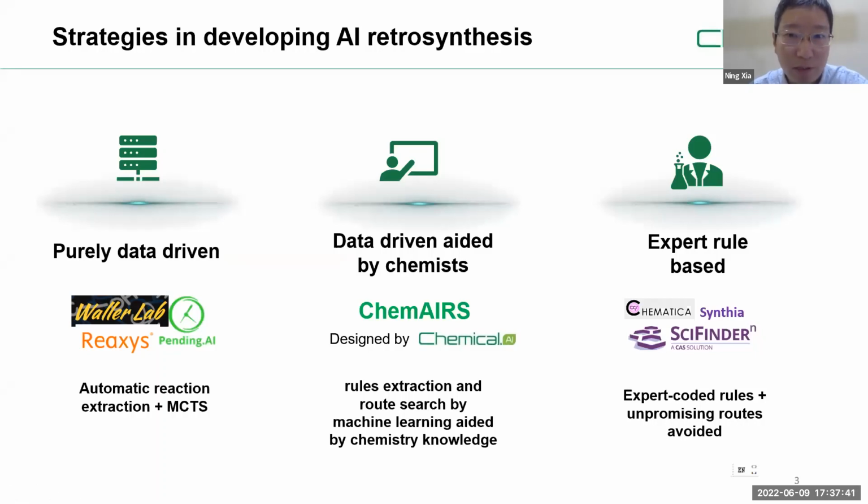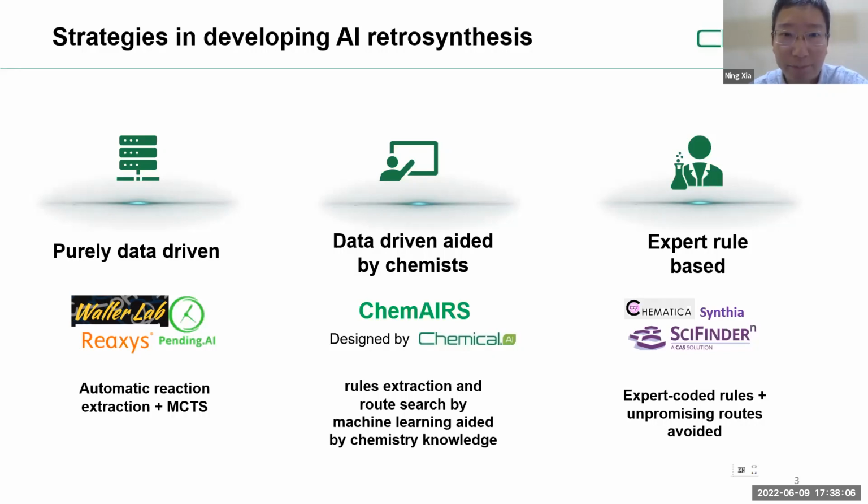The first approach is the purely data-driven method, which uses automatic rule generation, and it is easy to implement. You just put in data and it will train a model. But this kind of approach faces some difficulties. For example, there are a lot of different chemical reaction types, maybe nearly 1 million.